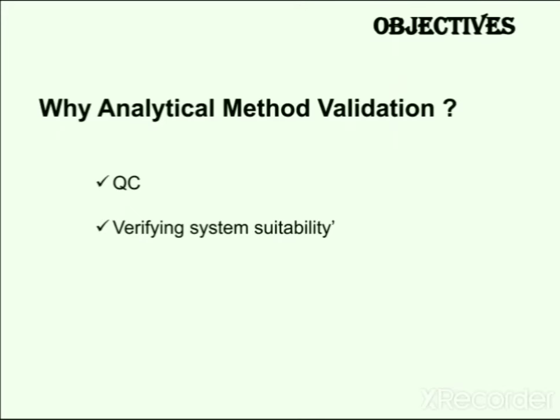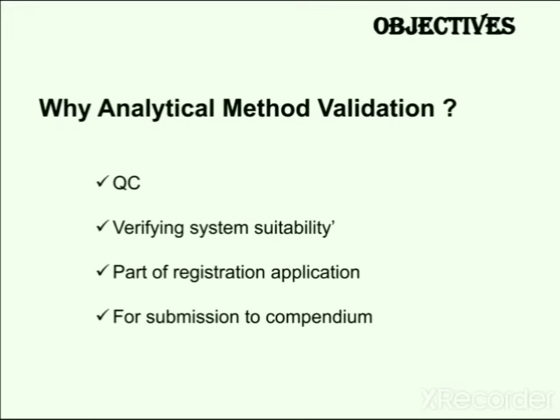System suitability is the verification of any instrument for any particular method. Analytical method validation is also important for the registration application process of any finished product or method, and it is also essential for submission of reports to the compendium. Compendium is a directory or a reference book, for example, Indian Pharmacopoeia.